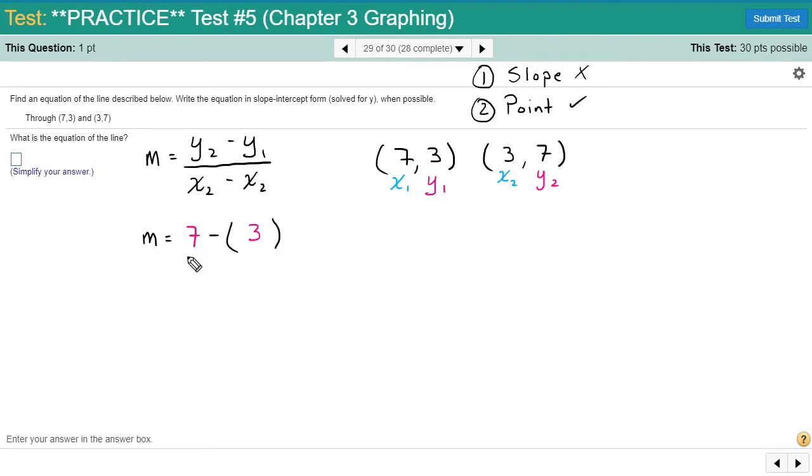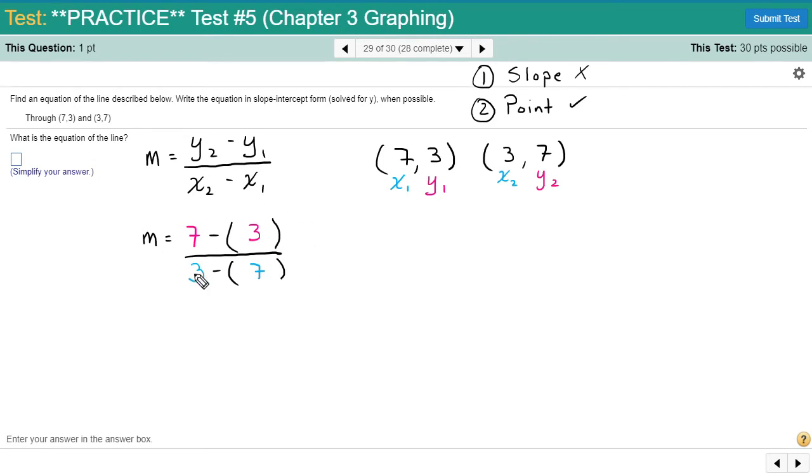And that is all over x sub 2, which we've labeled as 3, minus x sub 1, and look at it, I made a little error here, didn't even catch it. The denominator, x sub 2 minus x sub 1 is the formula. So we have x sub 2, which again is 3, minus x sub 1, which we've labeled as 7.